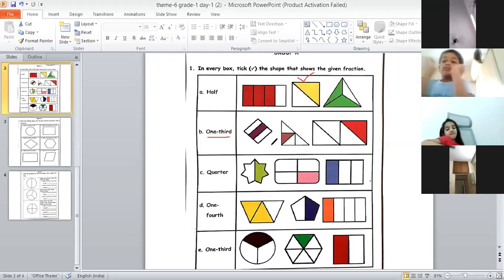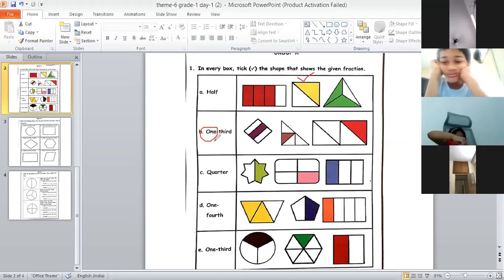Out of 3 parts, how many should be shaded according to this question? 3 parts. No. Then how many? See, first word is 1 here. This means out of 3, how many should be shaded? 1. Yes. So out of 3 parts, only 1 should be shaded.